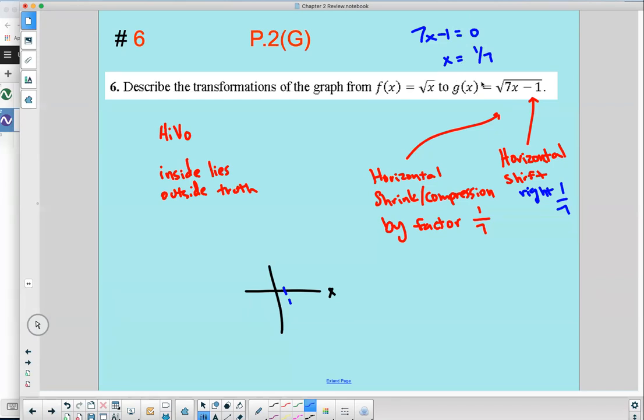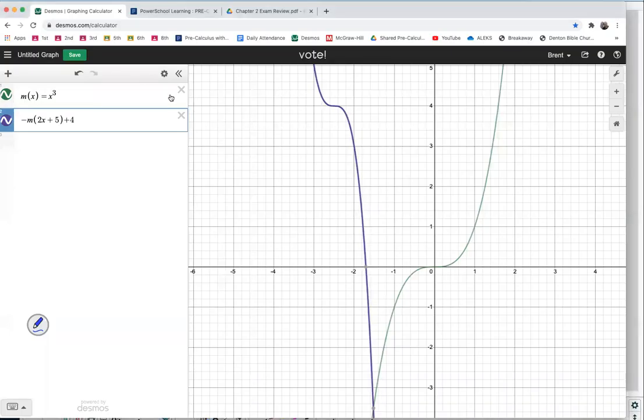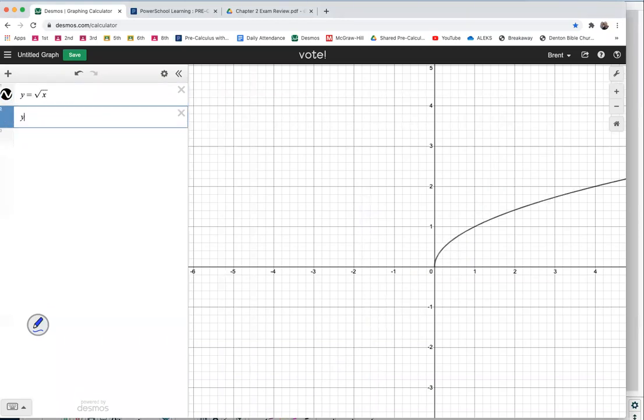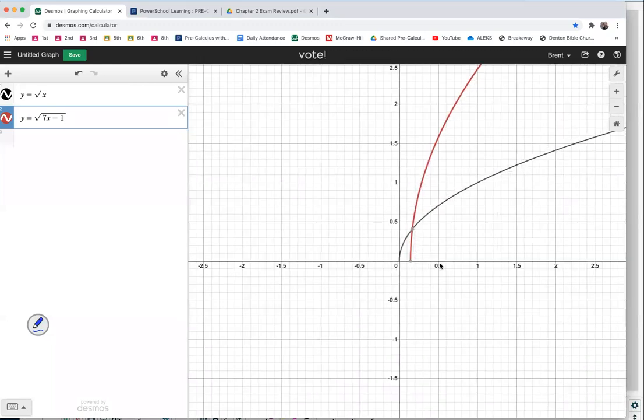I'm glad I mentioned graphing because I just thought about what's going to happen there. If we graph this to check, y equals square root x, y equals square root 7x minus 1. Notice, did it move a full unit to the right? So this is a good check. Just use your graph. Did it move a full unit to the right? There's 1 unit right there. No, it did not.